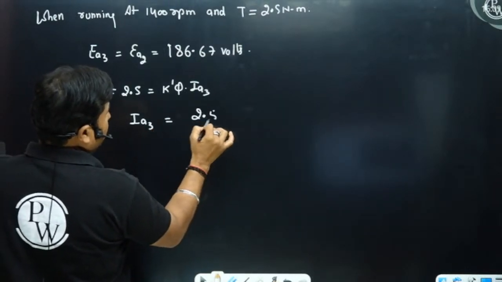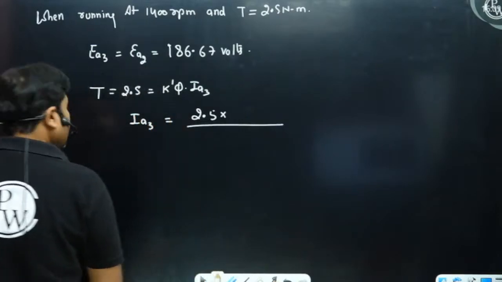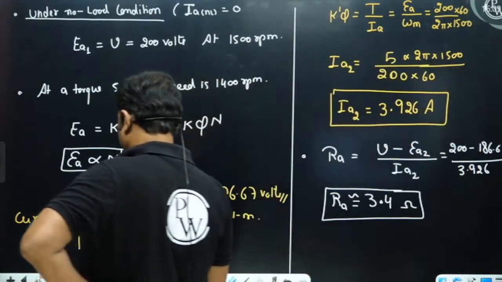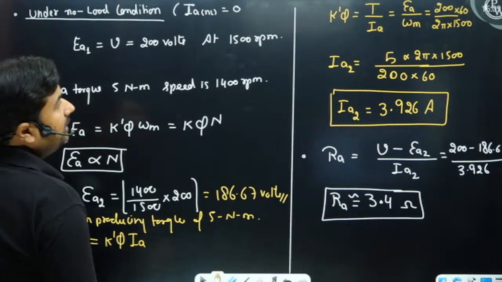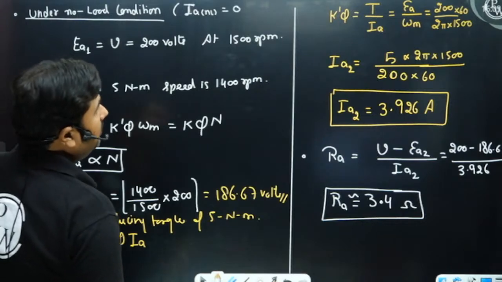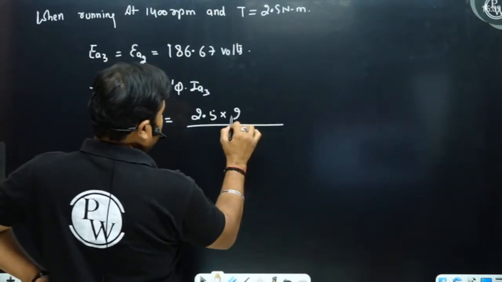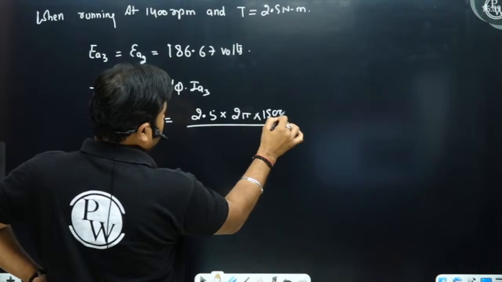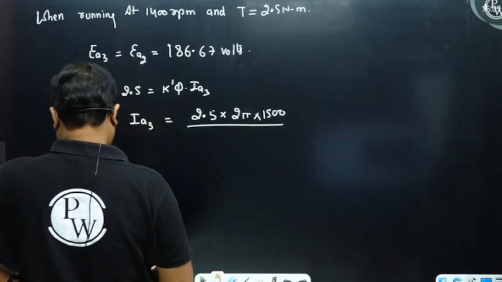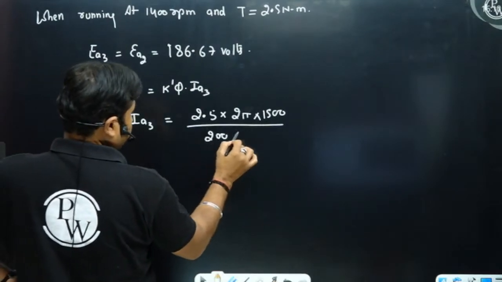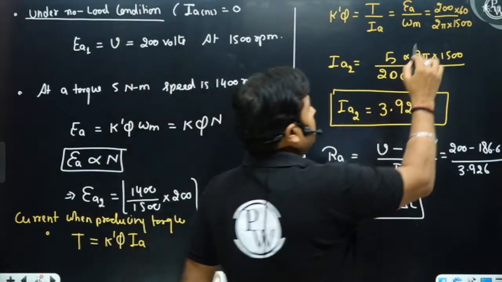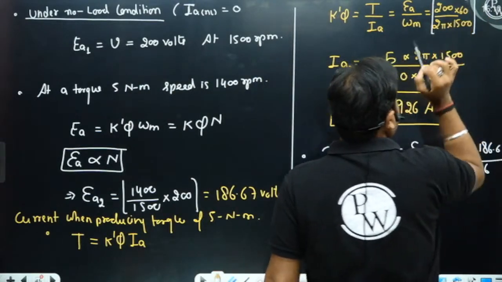So this is 2.5 multiplied by K dash phi, which is 200 by (2 pi into 1500 divided by 60). This is a machine constant. So machine constant is not going to change.